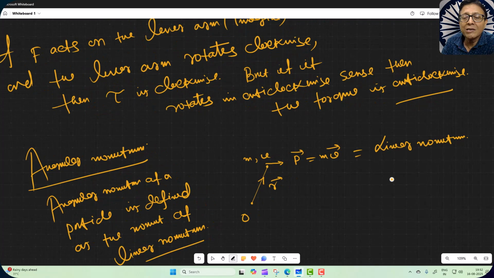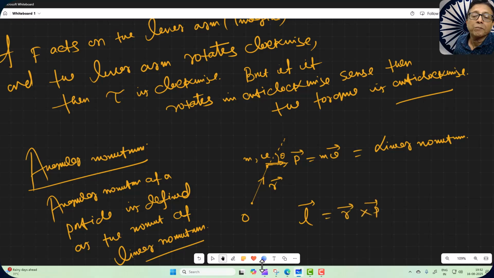R vector going this way, P vector is going this way. This angle be theta. This is the direction of R vector. L is defined as R cross P.